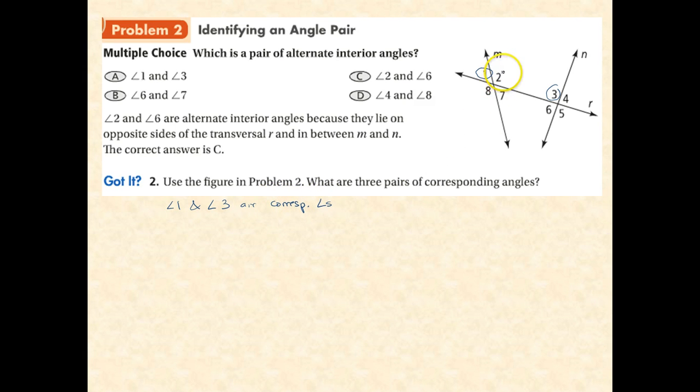If I go top right, I get angle 2 and angle 4 are corresponding angles. Bottom left, I got 8 and 6. So I can say that angle 6 and angle 8 are corresponding angles. And then, of course, angle 7 and angle 5 would also be corresponding angles.